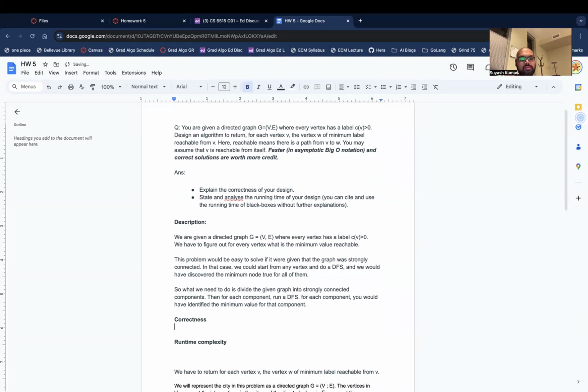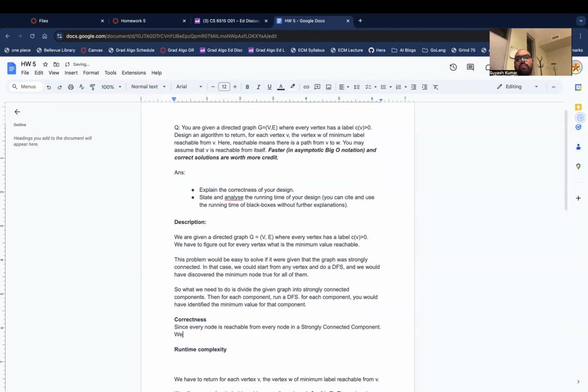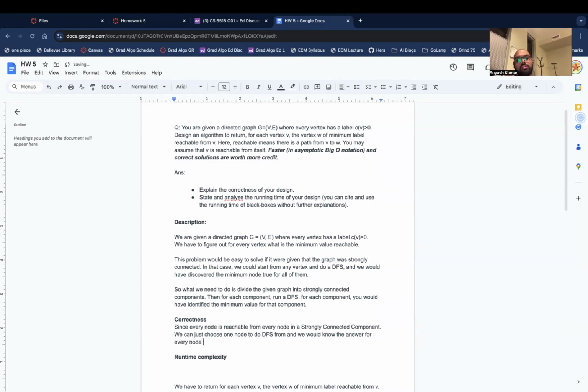Since every node is reachable from every node in a strongly connected component, we can just choose one node to do DFS from, and we would know the answer for every node in that component.